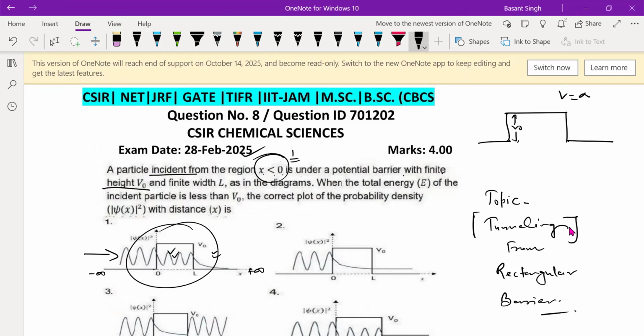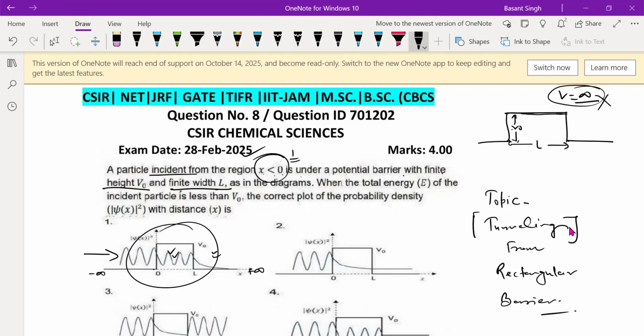If the potential were infinite, then it would be infinite height, as in the particle in a box, which is not the case here. So tunneling takes place through a finite width L. This is a constant potential barrier of width L, as given in the diagram.